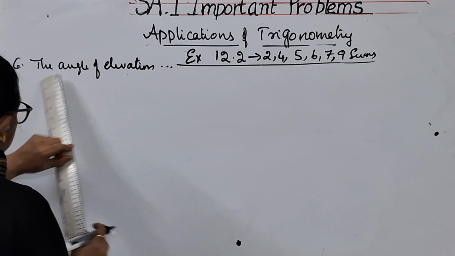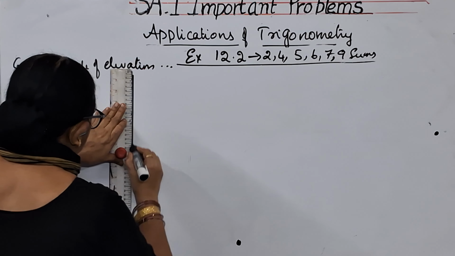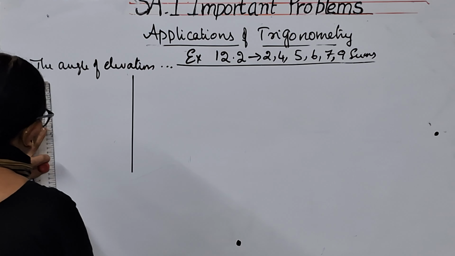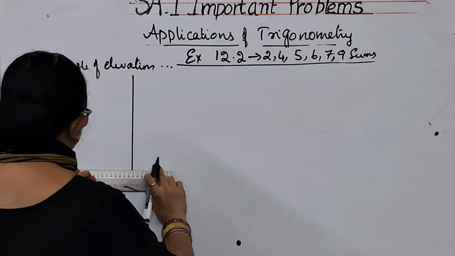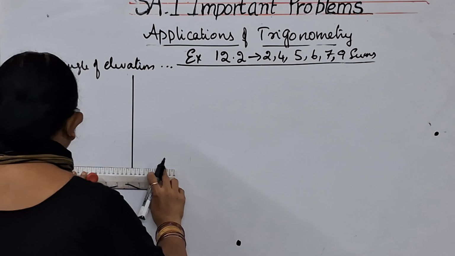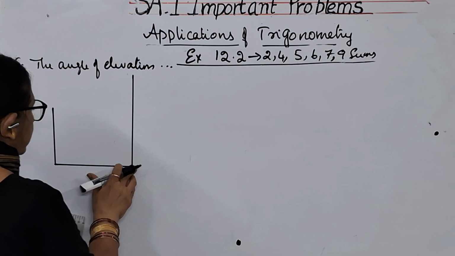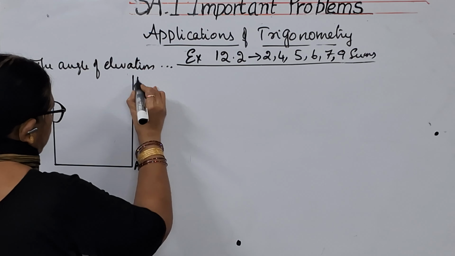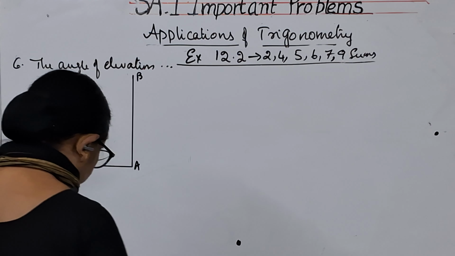Let us draw the figures here first. This is the tower and a building. Let me consider AB as the tower, CD as the building. So, what did they say?